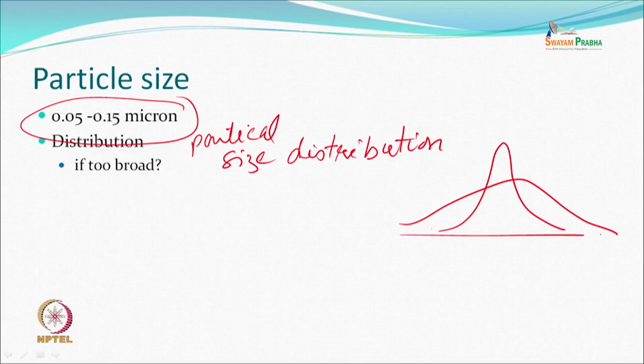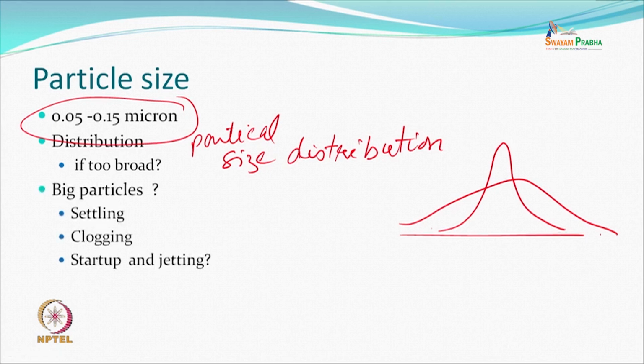Obviously one would like to have as narrow a distribution as possible, but it is always a challenge. It is not easy to do, but milling is the operation which is done so that the particle size is brought down to a certain range. If it is too broad, obviously it is not good, because there will be a relatively large number of particles which will have very large size.